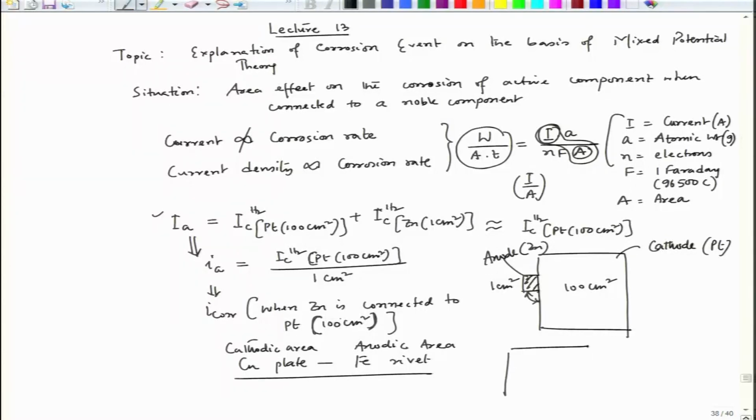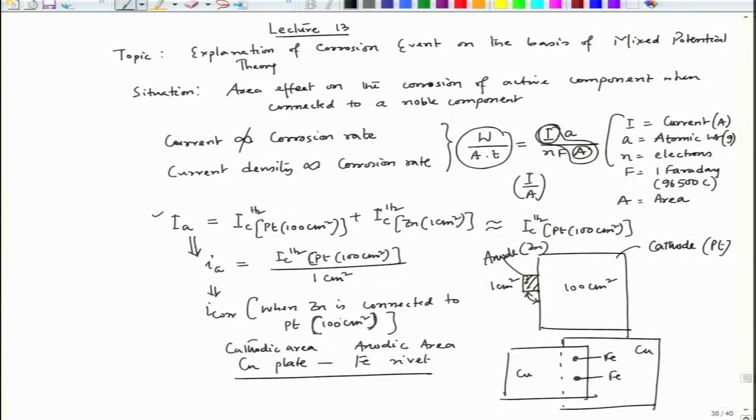Since we have two big plates, we have small rivets. This is an iron rivet or steel rivet, and this is copper.